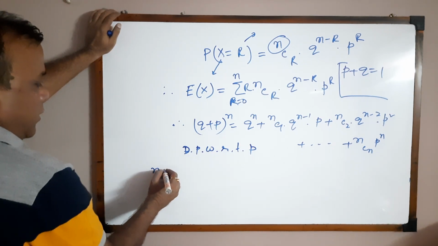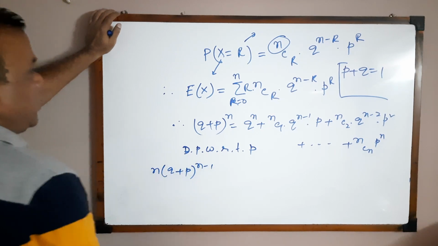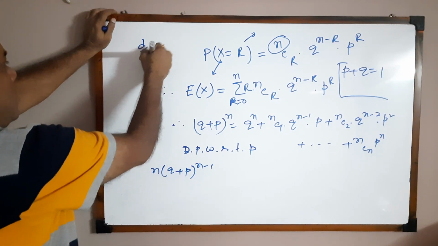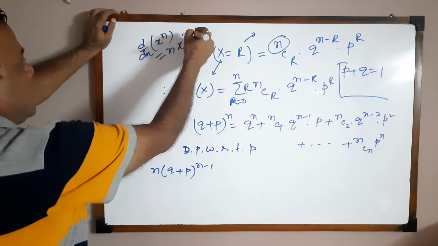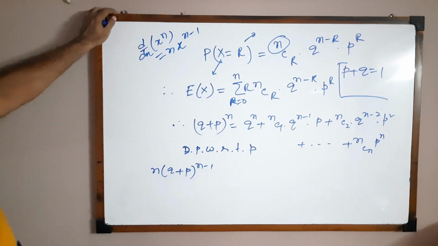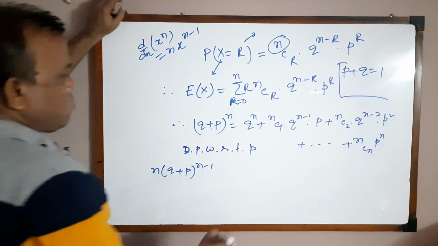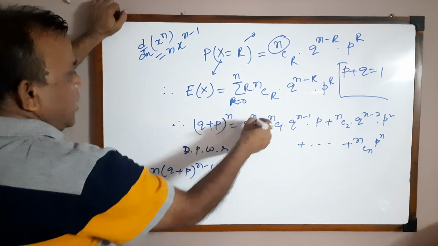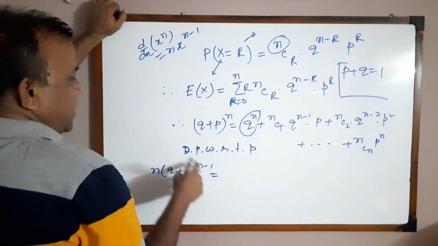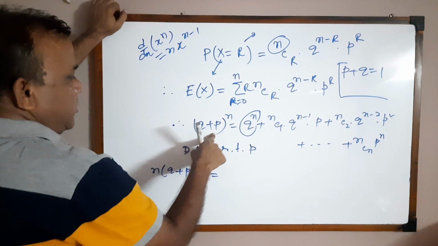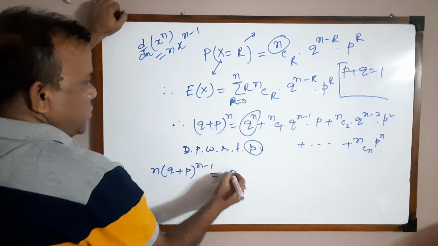Therefore, n into (q plus p) whole to the power n minus 1, as d/dx of x to the power n equals n into x to the power n minus 1. q to the power n is a constant as we differentiate partially with respect to p, therefore 0.